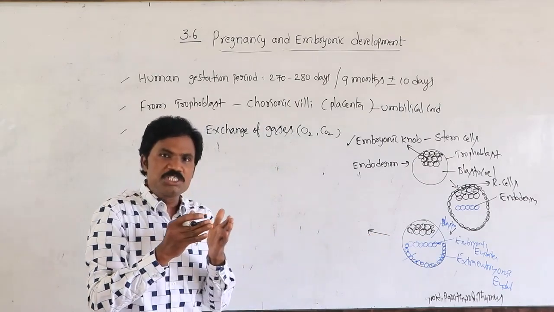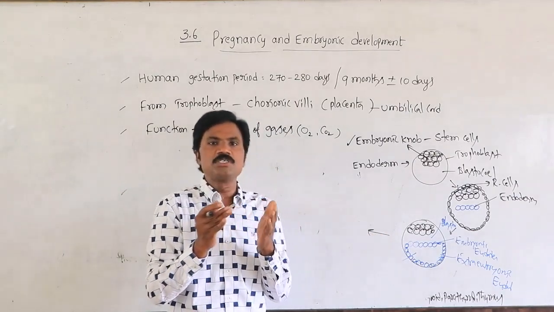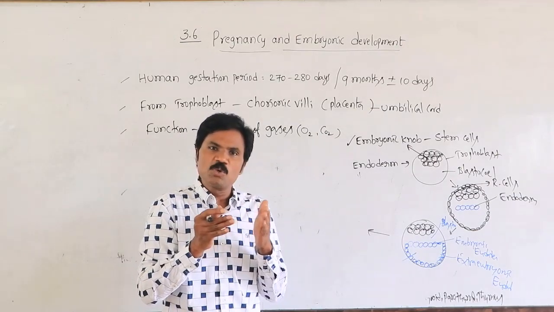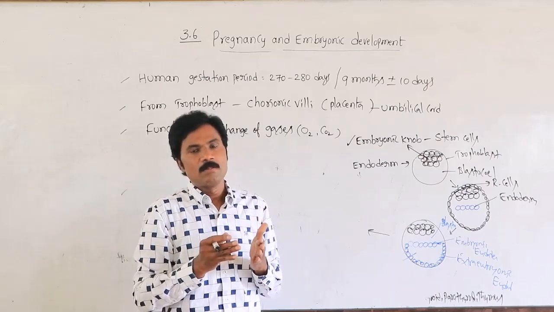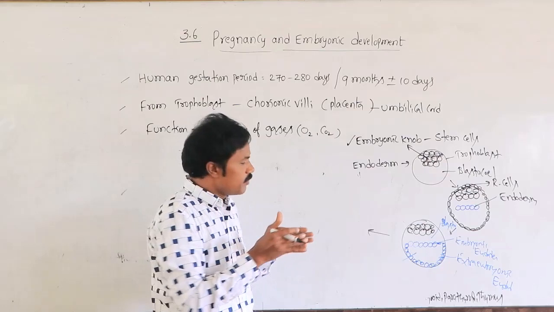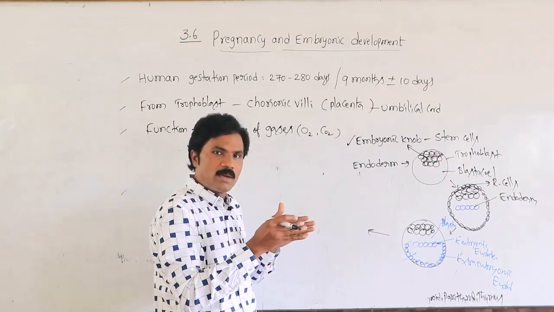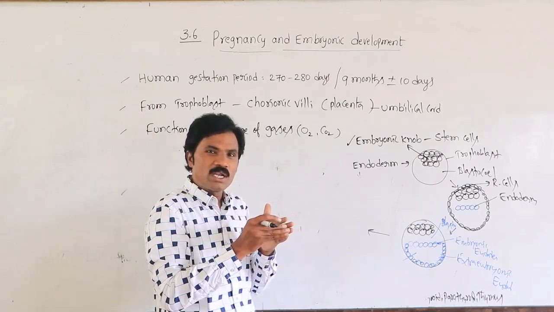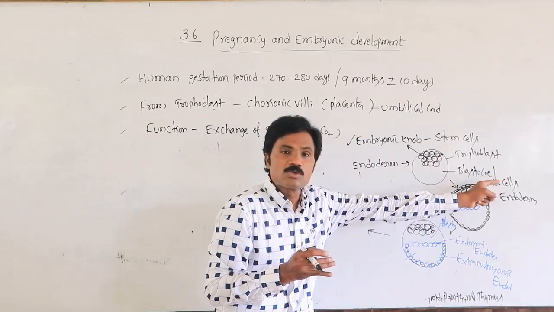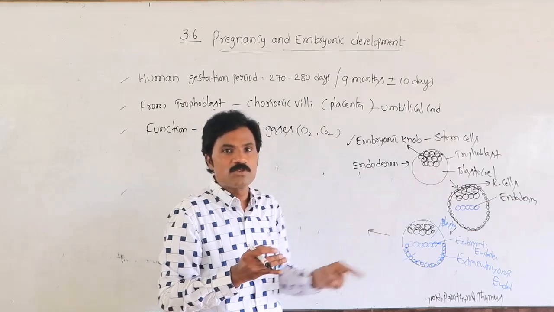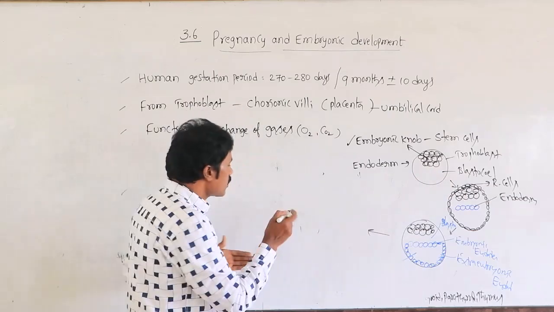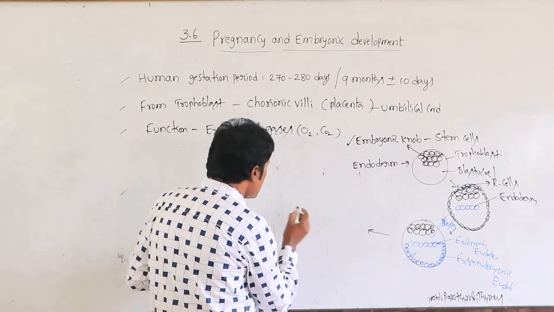Due to stretching and enlarging of the blastocele, or blastomeric vesicle, what happened? It is stretching, and the cells present degenerate due to stretching. They are ready to degenerate.